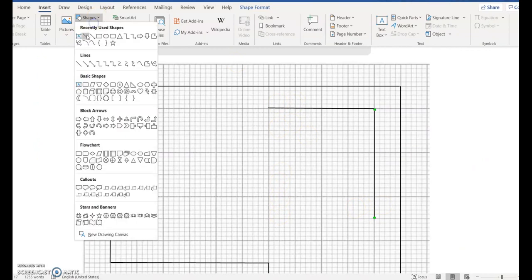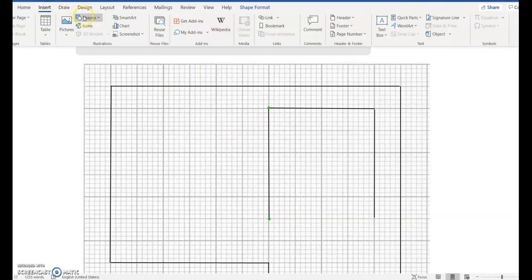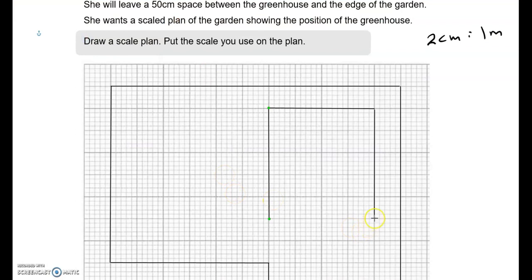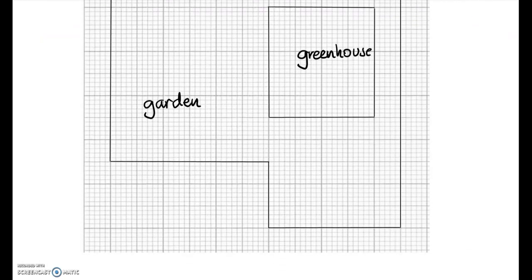And we're going to label them. So we've met all of the criteria that's been set. So we can move on to the next question.